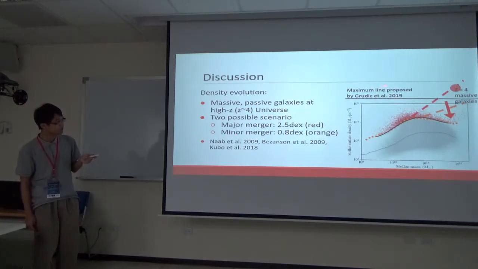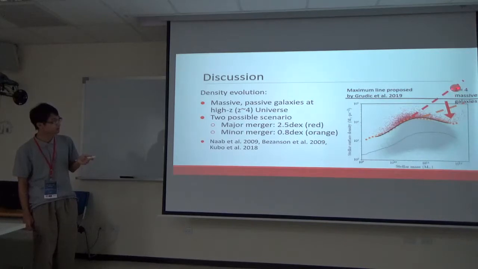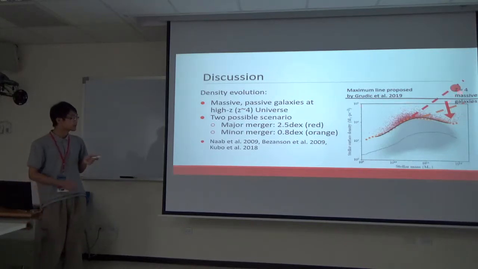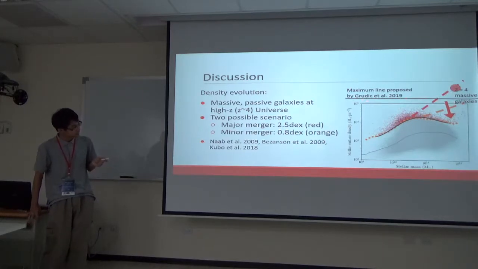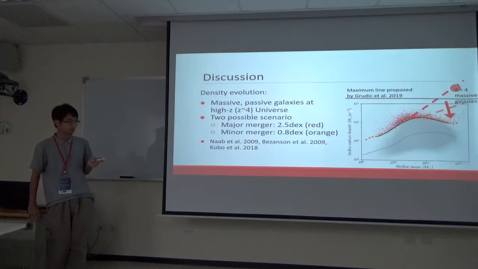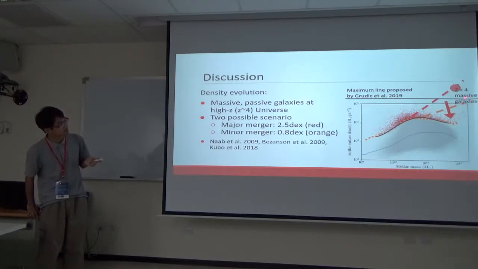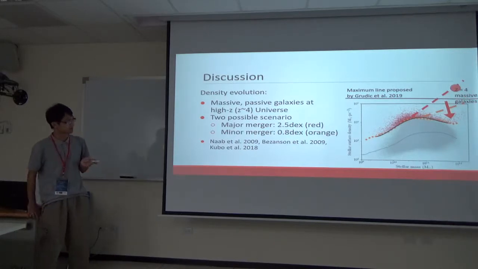You can see in the major merger case, the galaxy is over the maximum line proposed in previous study, and if you apply the minor merger, it is just on the maximum line.